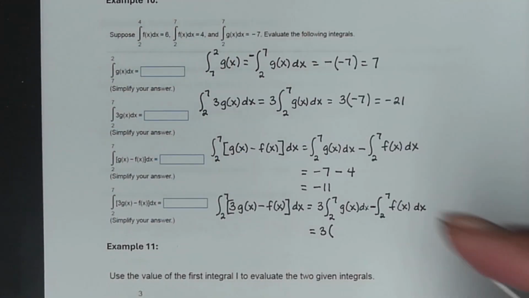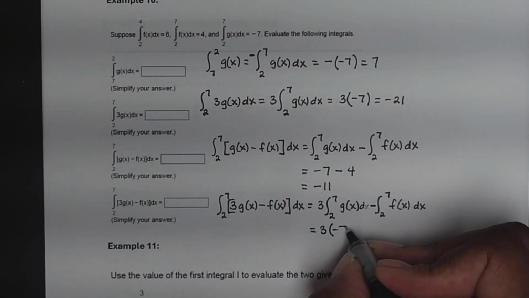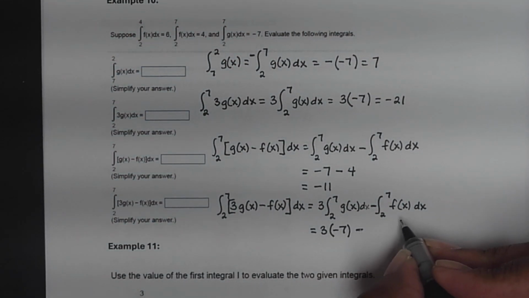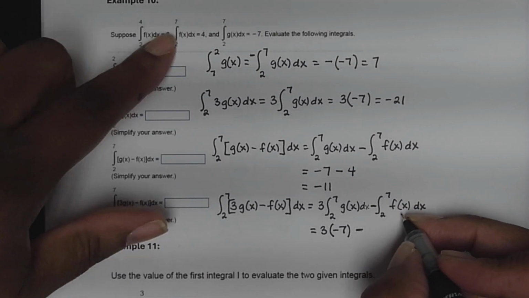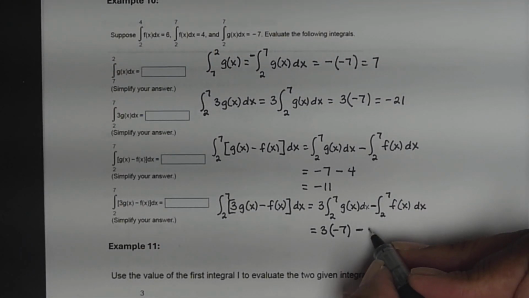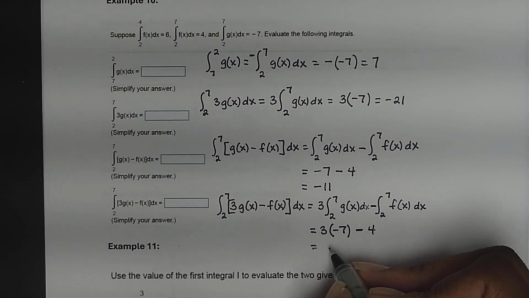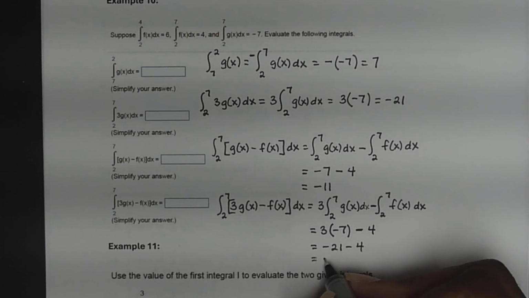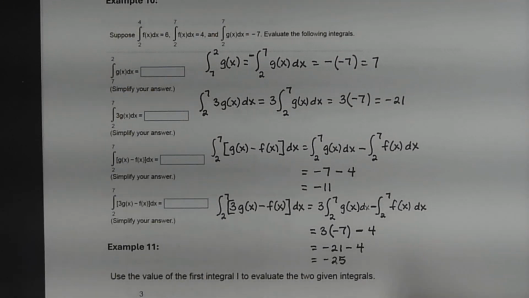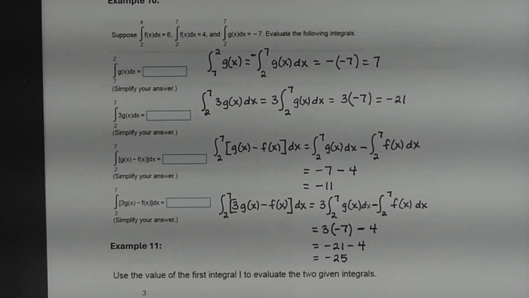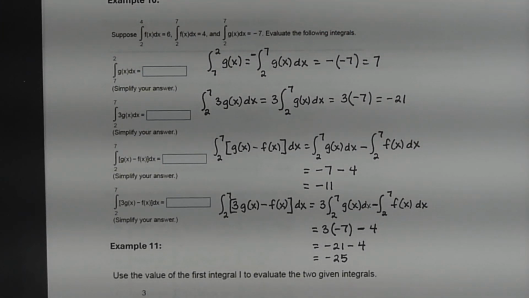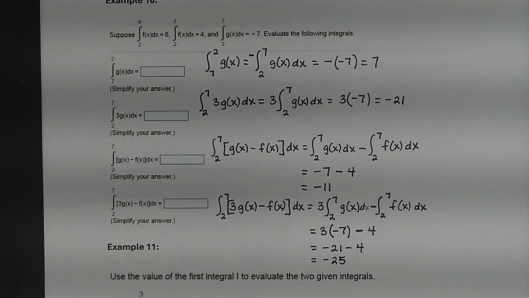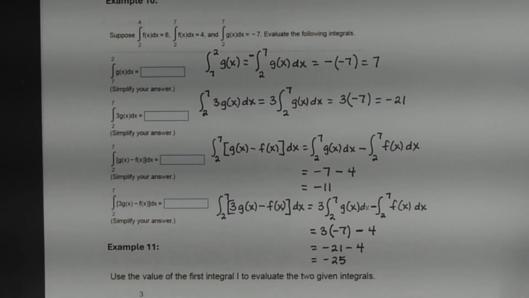That's a negative 7, minus the integral from 2 to 7 of f of x dx. That's going to be 4. 3 times negative 7 is negative 21, and negative 21 minus 4 ends up being negative 25. So the integral from 2 to 7 of 3g of x minus f of x dx will end up being negative 25.